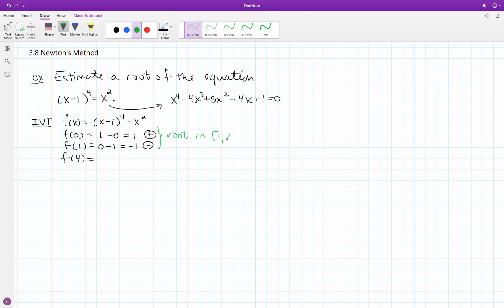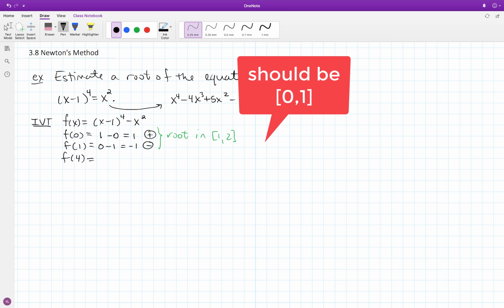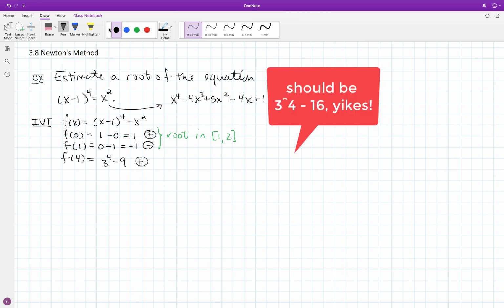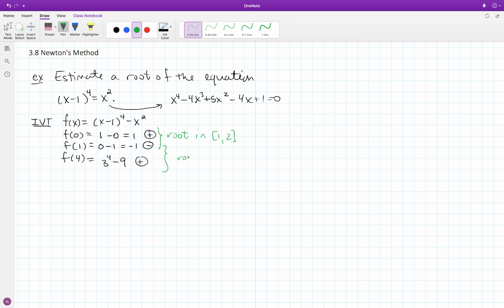And it just so happens that if you plug in 4, you get 3 to the 4th power minus 9, which is positive. So we are guaranteed at least two roots of this function: one between 0 and 1, and one between 1 and 4.